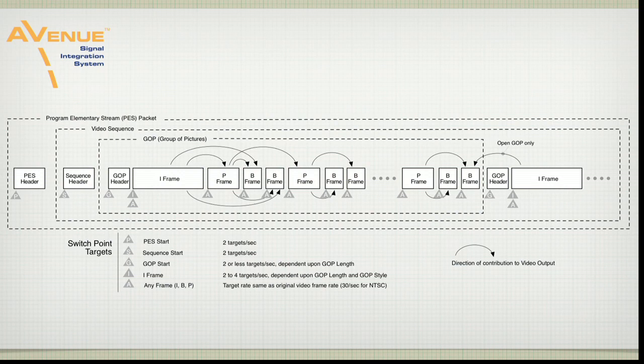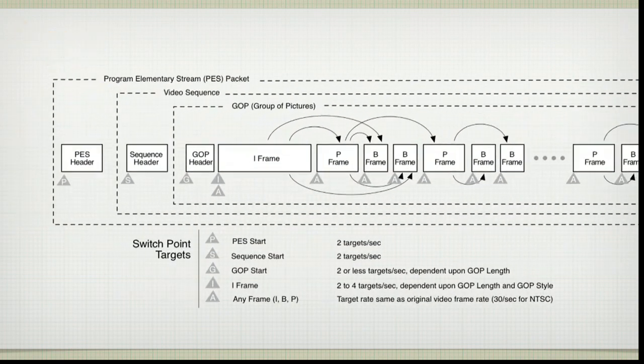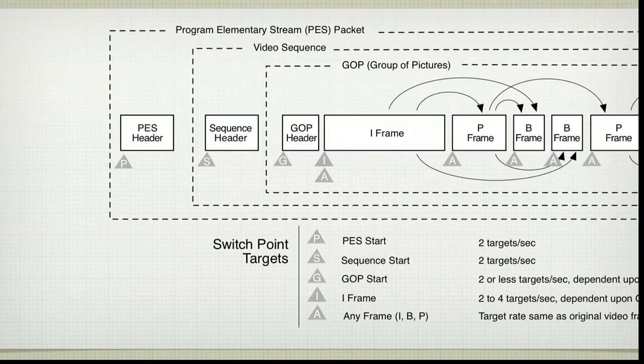Commonly for MPEG-2, a GOP would be, say, 15 frames of the original baseband material. As we look at the beginning of the GOP, the first frame is an I frame. That's an intra-coded frame, meaning that all of the content needed to define that frame comes from within that frame. That's the one frame that stands on its own.